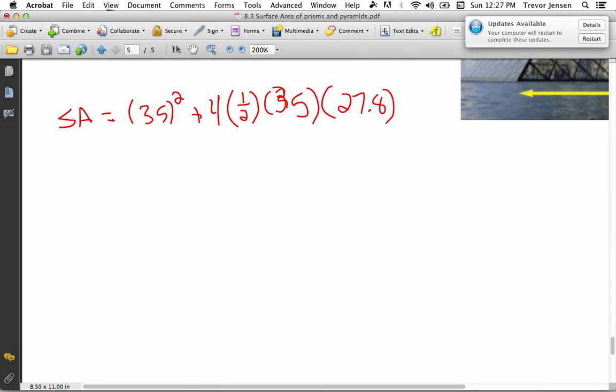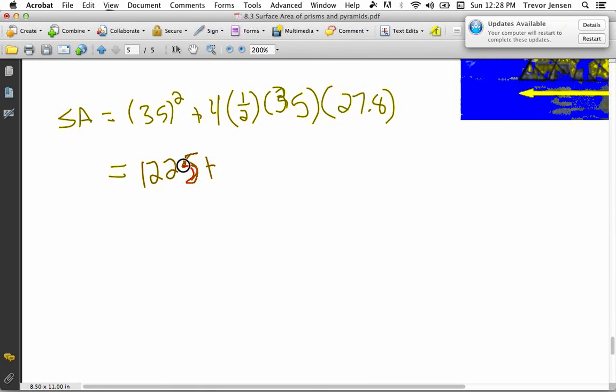Okay, let's evaluate this, and that'll tell me the surface area of the whole object. So I'm going to do 35 squared. That gives me 1225, plus 4 times a half. Well, what's half of 4? It's 2. So 2 times 35 times 27.8. That gives me 1946.